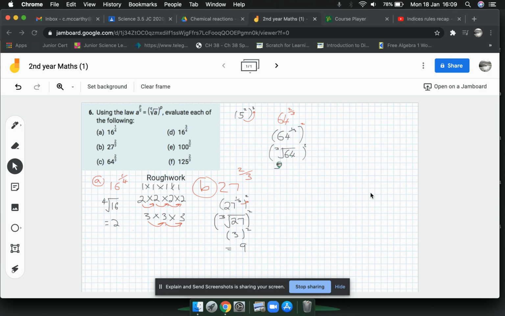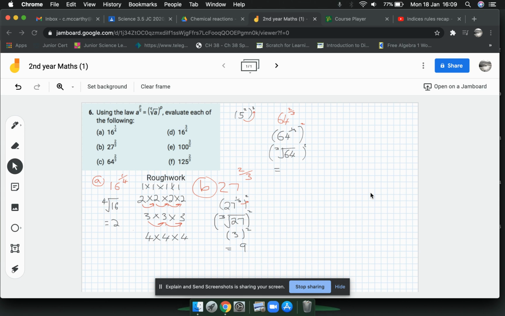So then I work out, well, what number multiplied by itself again would give me 64? If I go over to my rough work, 3 by 3 by 3 gives us 27. That's obviously too small. So how about if I try 4 by 4 by 4? Would that give me 64?